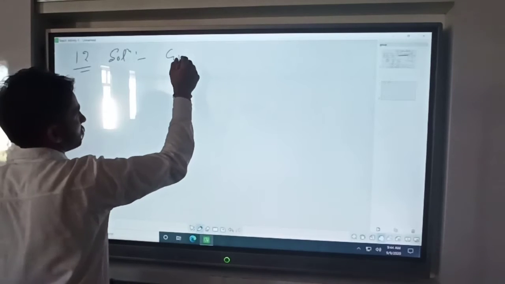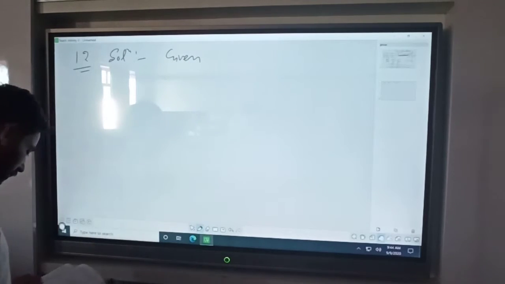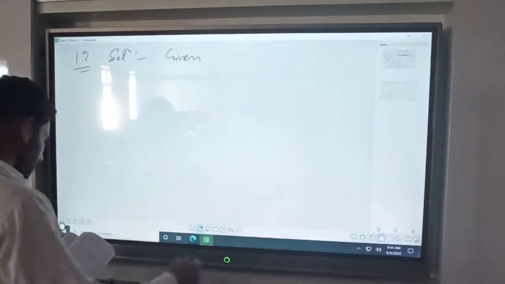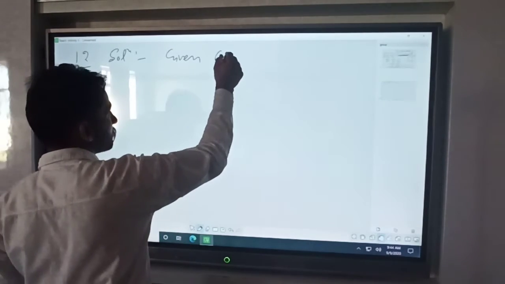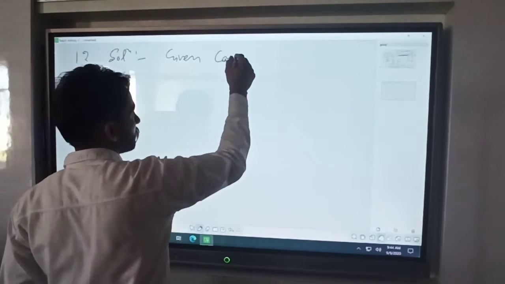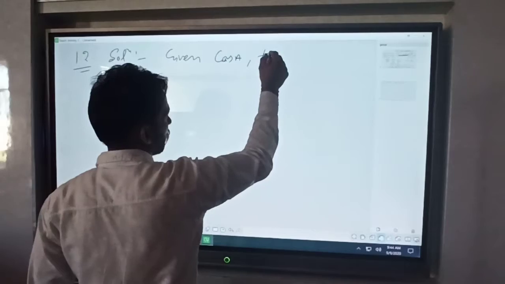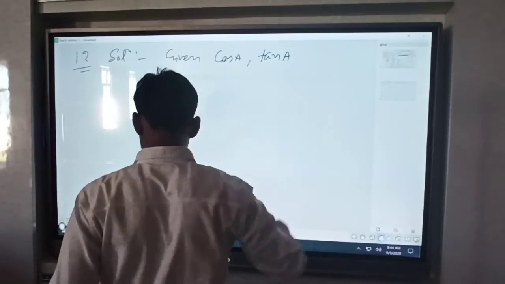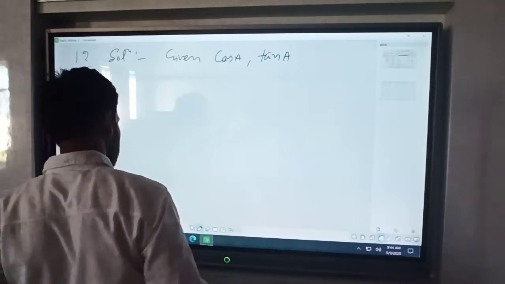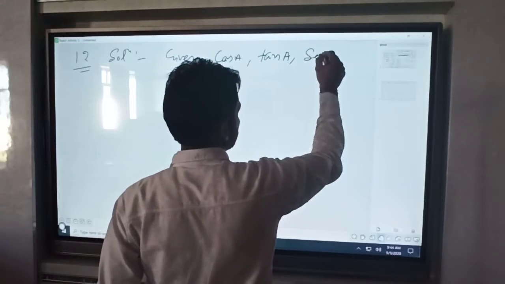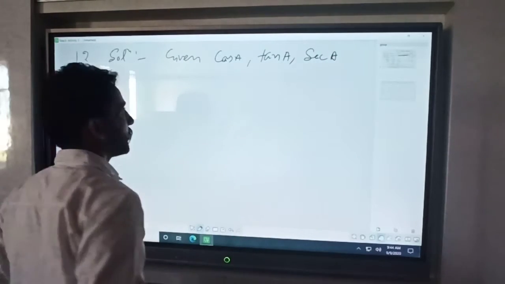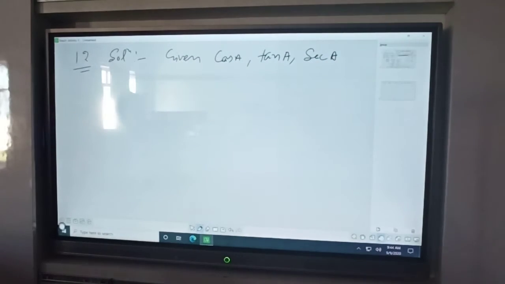Given: cos A, tan A and secant A. We have to convert these into sin की फॉर्म में कन्वर्ट करनी है.